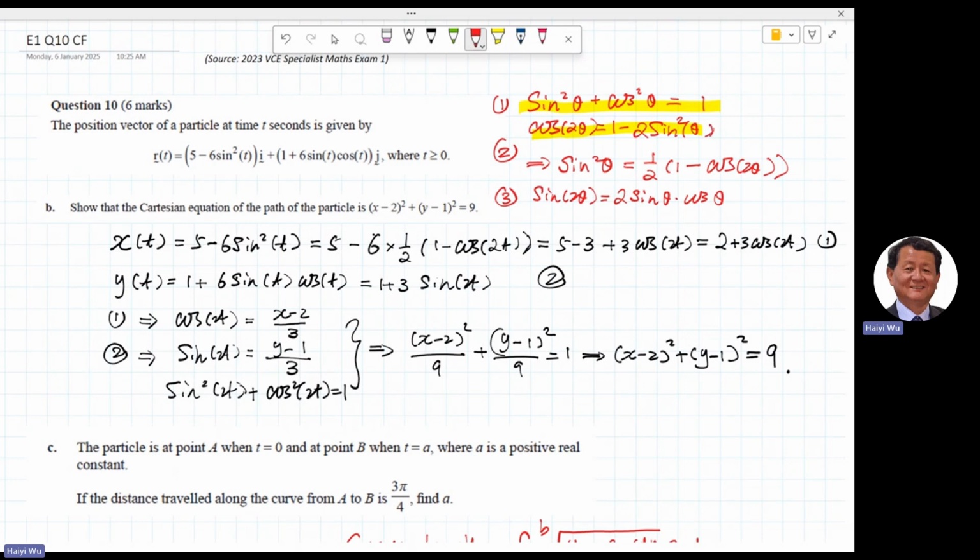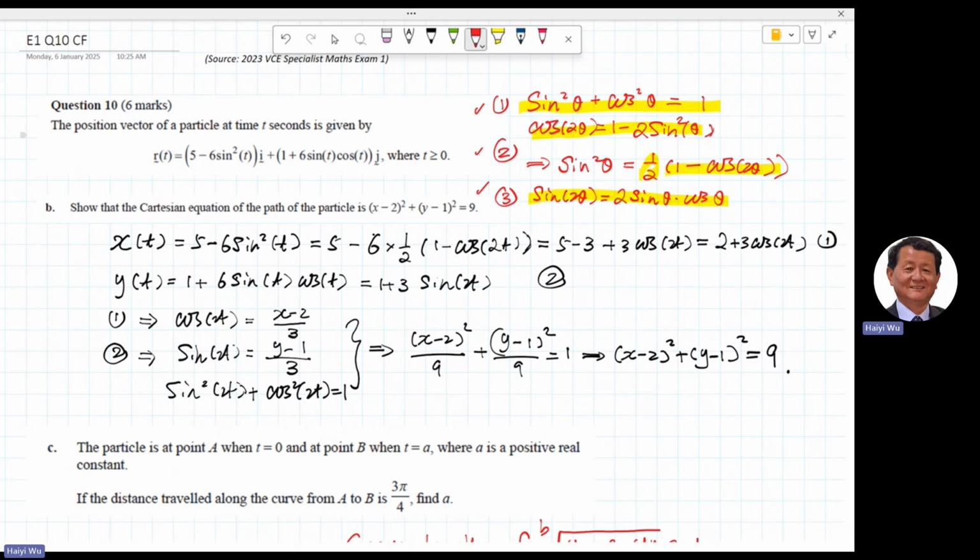Therefore, sine squared can be rewritten as half times the bracket 1 minus cosine double angle. Third, I'm going to revise the sine double angle identity. So today we've got three very important trigonometry identities to use.